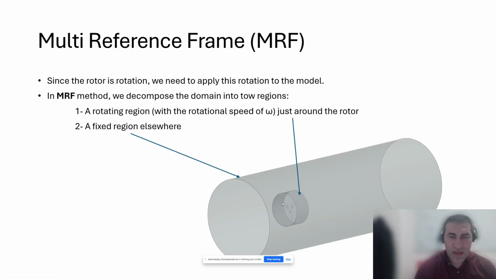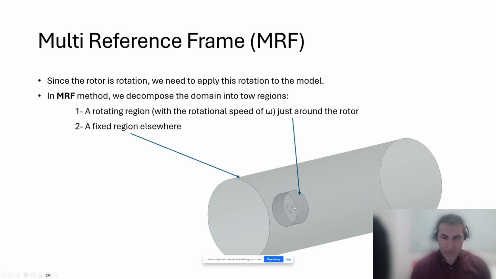We are going to use the MRF approach. You might ask what MRF is. MRF is multi-reference frame. Why are we going to use that? We have a blade rotating, we have a rotor rotating. So these are rotating walls. If we want to have these walls rotating, we need to rotate the mesh.